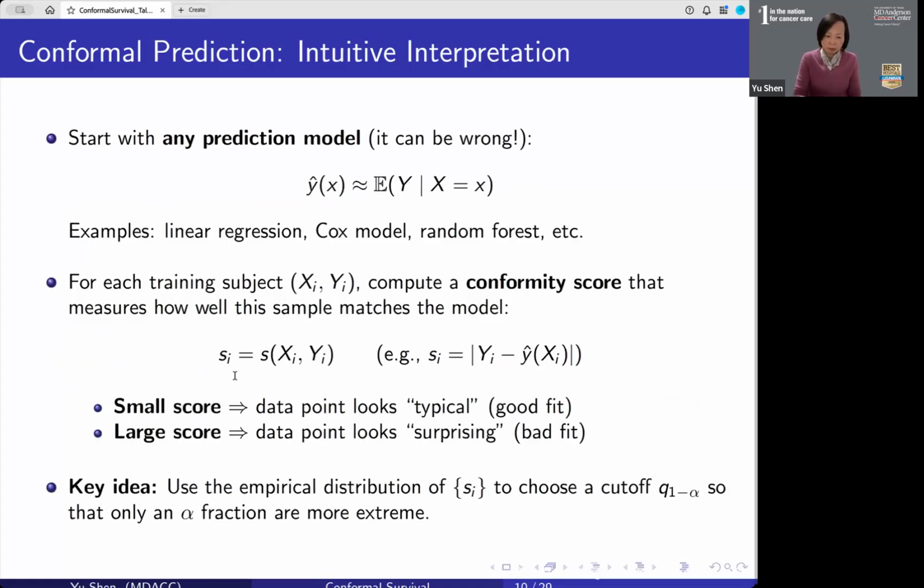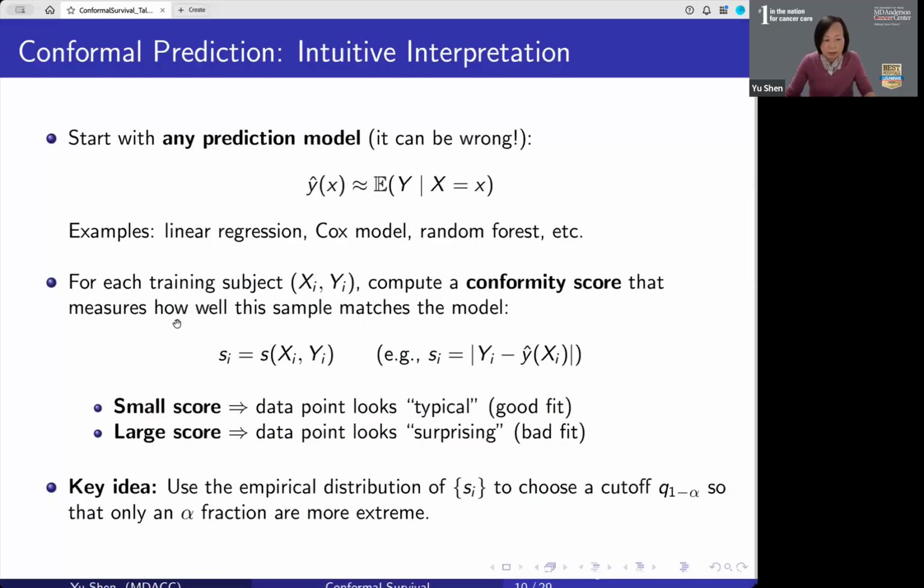Okay, before introducing the censored survival data, let's get some intuitive interpretation of conformal inference in a simple setting. If we just have uncensored data, typically we will fit a linear regression model.